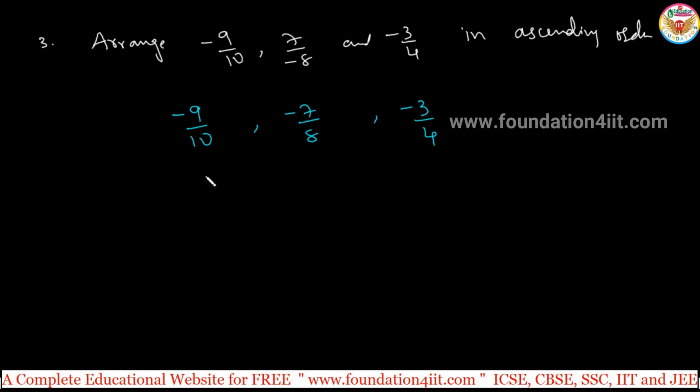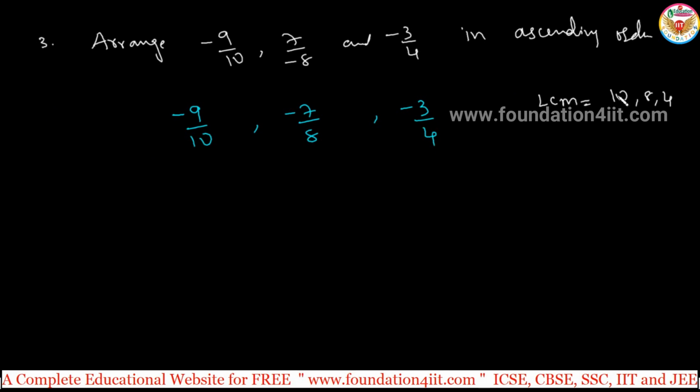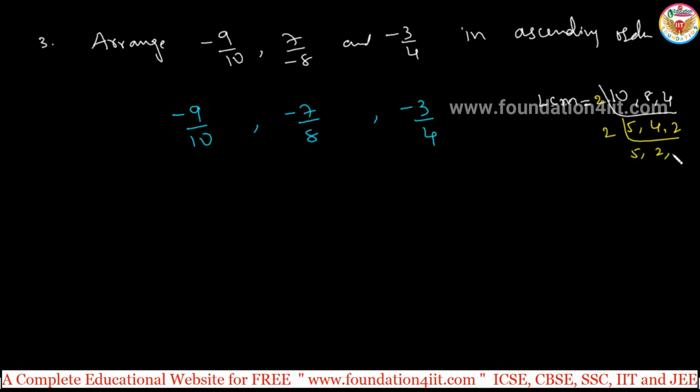First of all, we need to take the LCM of the denominators. So the LCM of 10, 8, 4. The LCM method we already know: 2 fives are 10, 2 fours are 8, so the LCM is equal to 40.